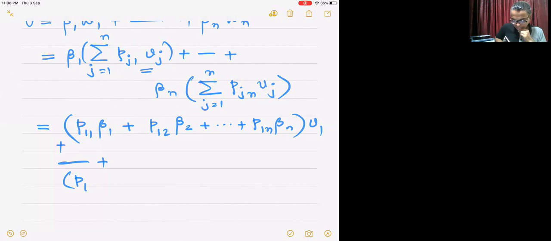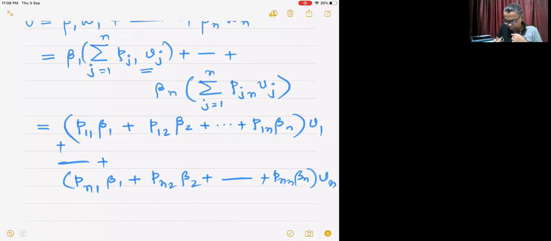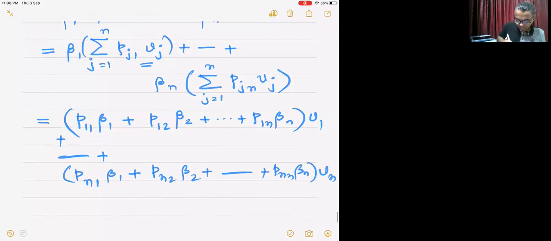Here it will be Pn1 beta 1 plus Pn2 beta 2 plus dot dot dot up to Pnn beta n, multiplying Vn. I think I have written the expression properly.